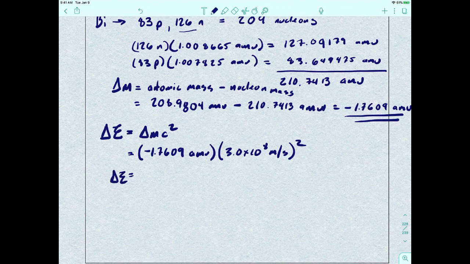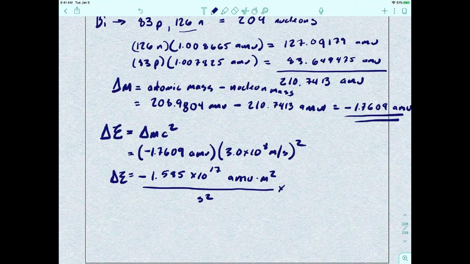Delta E comes out to be negative 1.585 times 10 to the 17th AMU times meters squared over second squared.